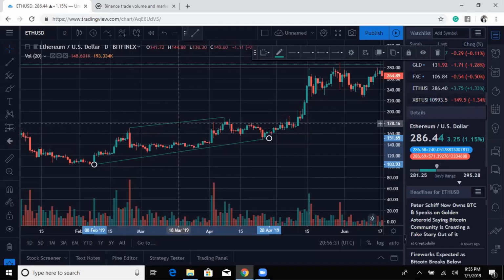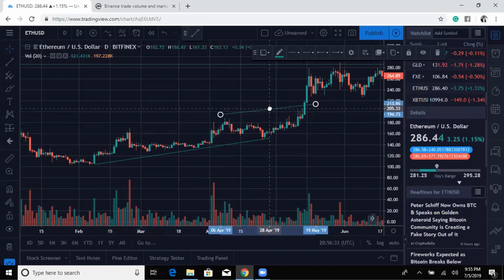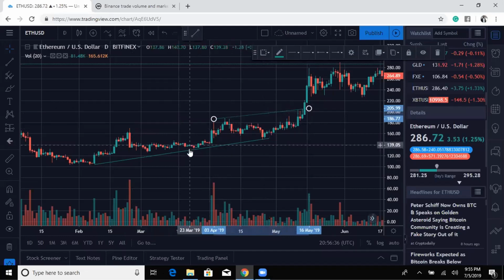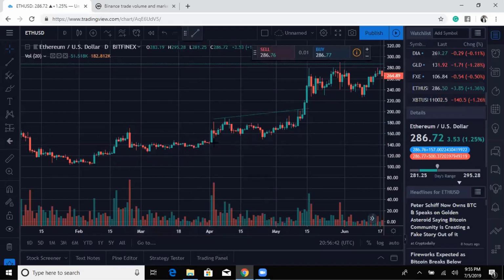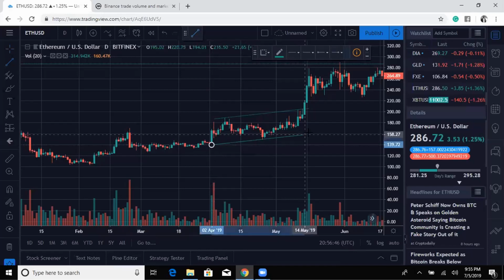But let's say, for example, let me move this now to somewhere. Let's say you drew your trend line. Let me just delete this. Let's say you drew your trend line from this point right here. This is actually a daily chart.